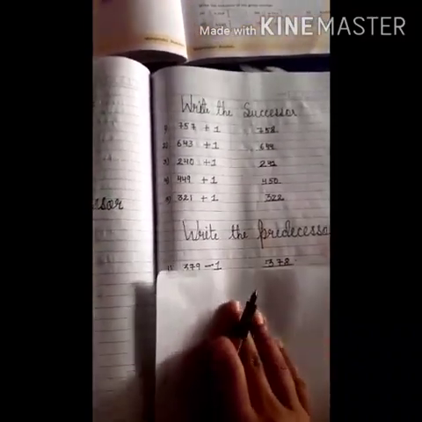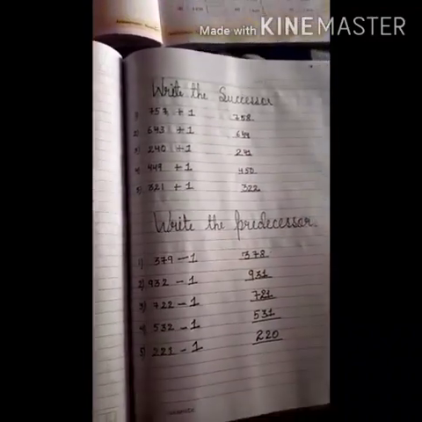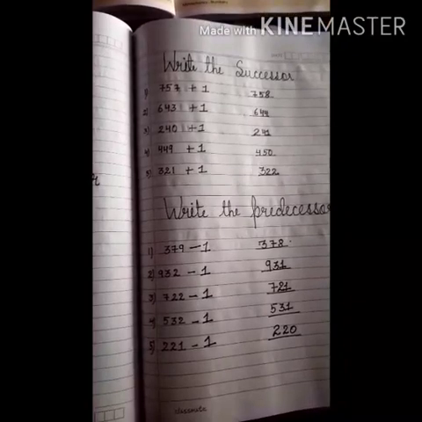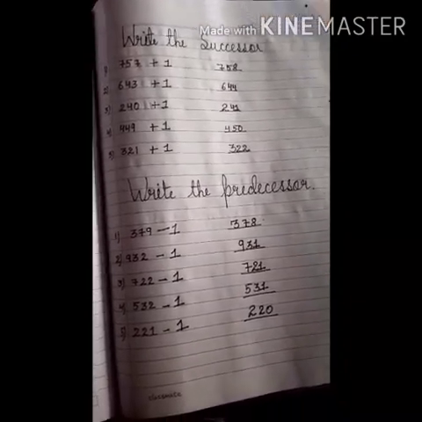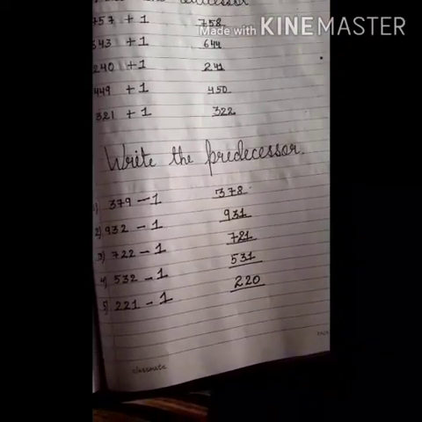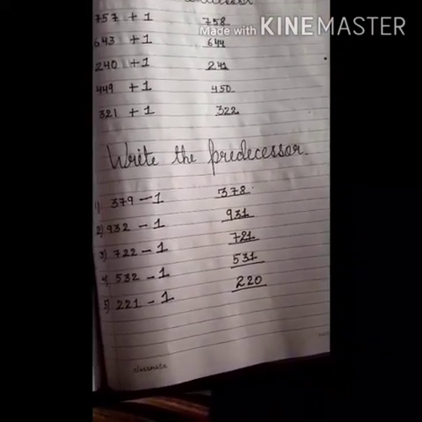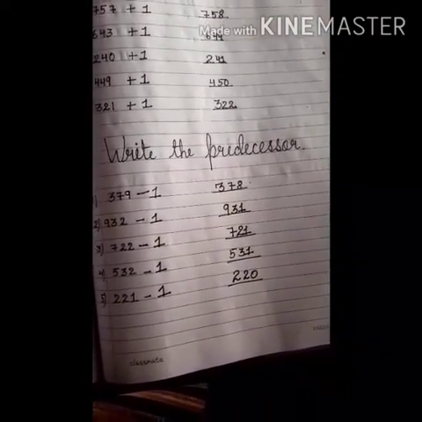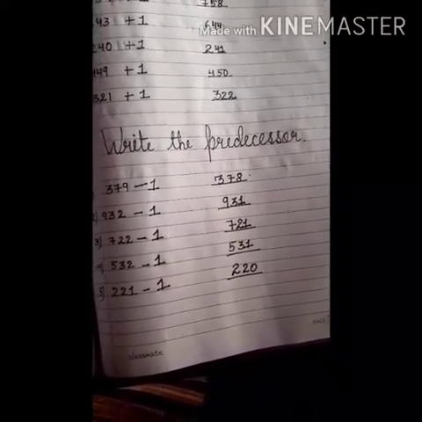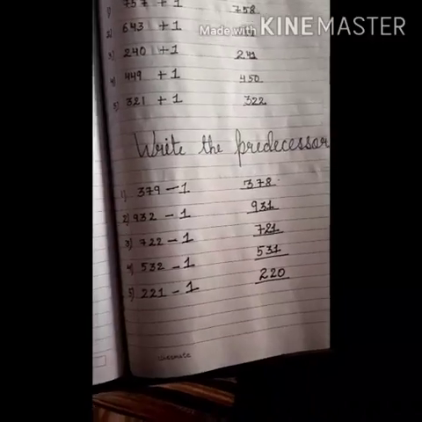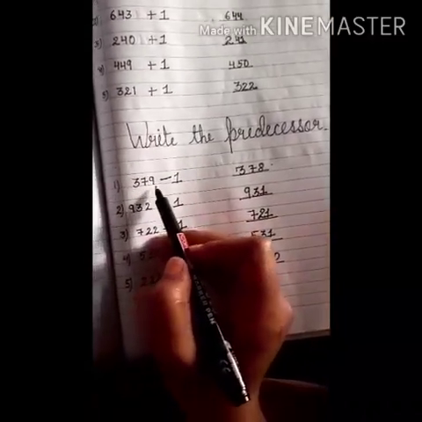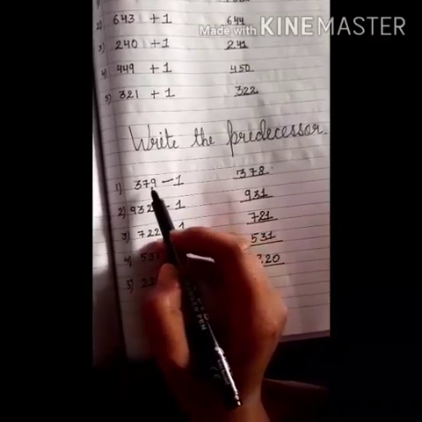And the second question is, write the predecessor. So children, what is the predecessor? The number which comes immediately before a particular number is called its predecessor. And you can also say, children, that predecessor means subtracting 1 from the given number. So first one, the given number is 379. So we will minus 1.